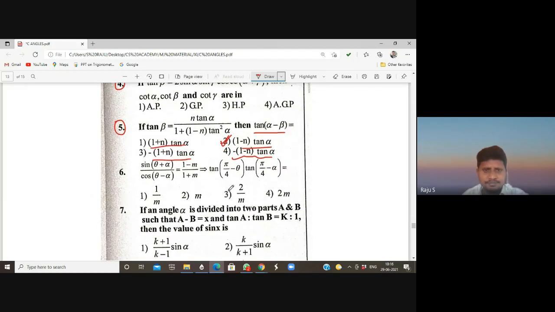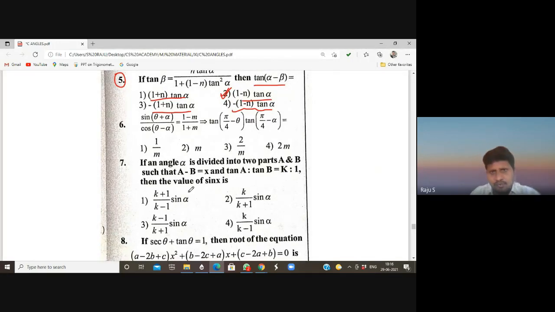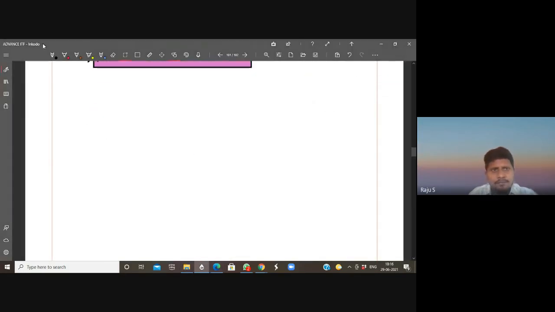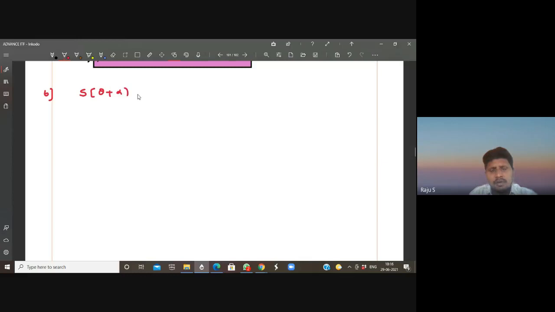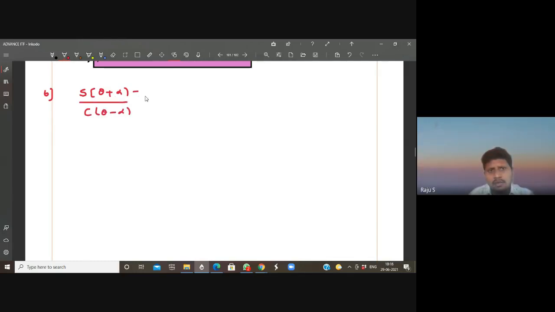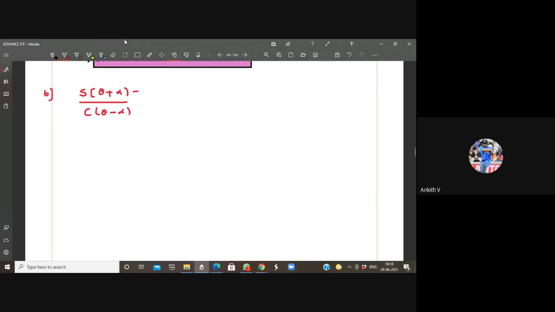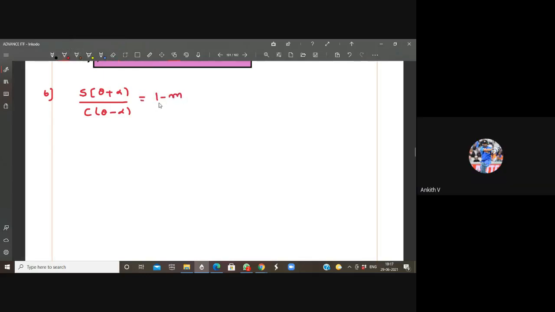Next, sixth one. What is the question? Sine theta plus alpha by cos theta minus alpha is equal to 1 minus m by 1 plus m.